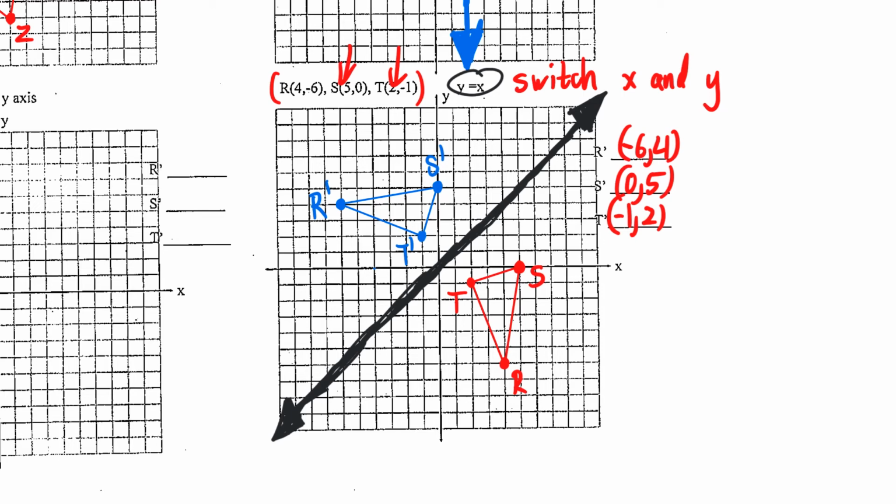Again, you can see if you folded the paper along that big bold line, those two would match each other up.